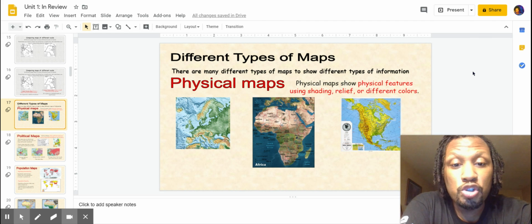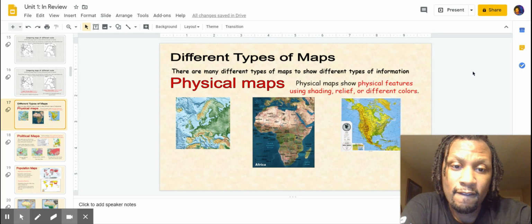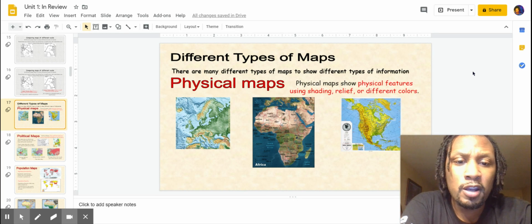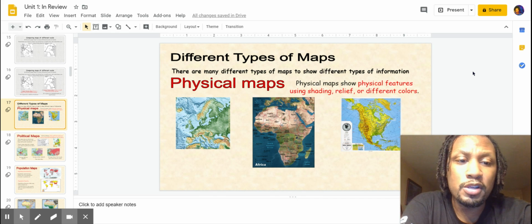I also see oceans, seas, straits. Of course, I see rivers, and a couple other things that we've talked about in class, but really aren't important right now, especially as it relates to the AP test.